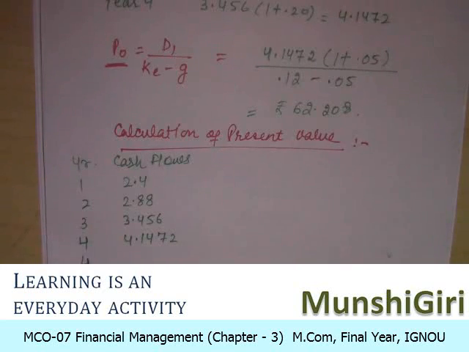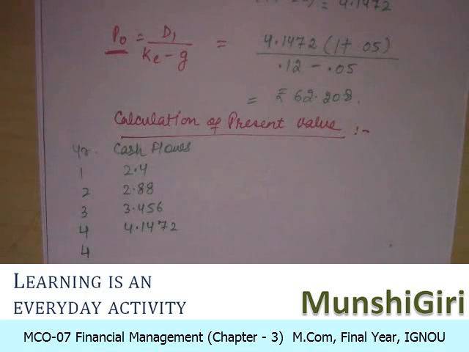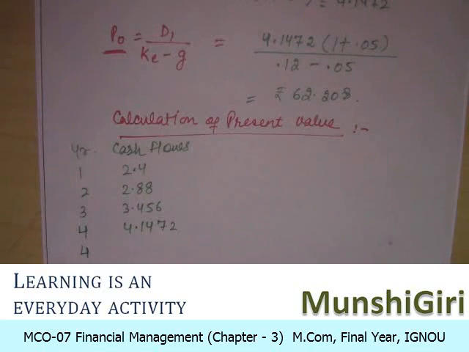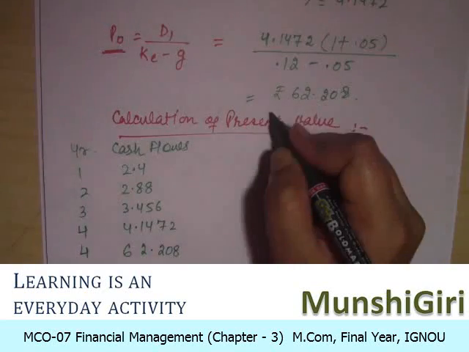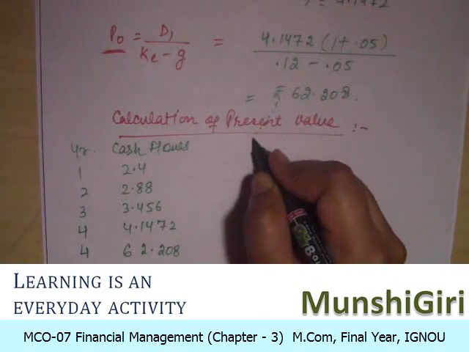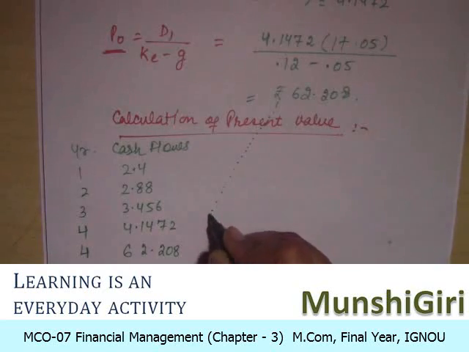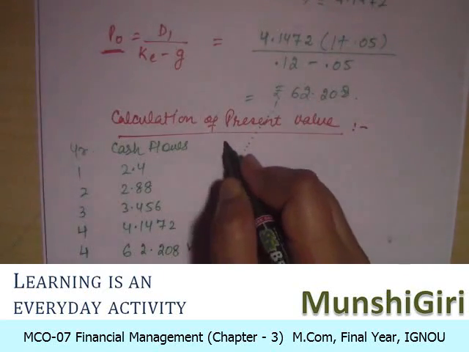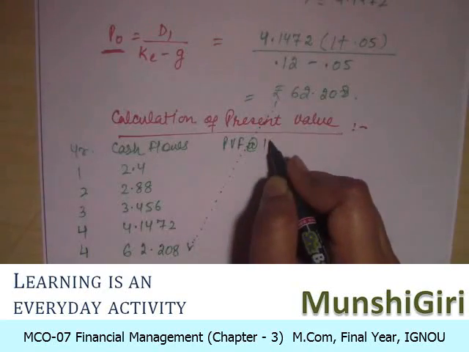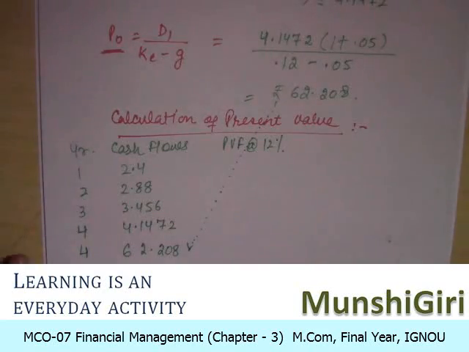Along with the dividend, we also calculated the present value of the future dividends that we are going to receive, which was 62.208. Here it is. I've taken it from here. We will discount these cash flows at 12%. This is the required rate of return.